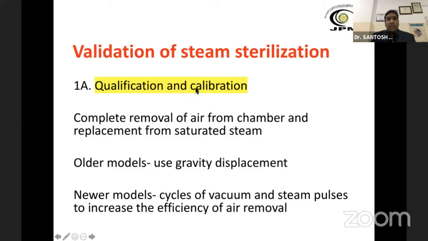Coming to the validation of steam sterilization, the qualification and calibration are most important. Complete removal of air from the chamber and replacement with saturated steam is the key principle on which this works. The older models use a gravity displacement system, and the newer models use cycles of vacuum and steam pulses to increase the efficiency of air removal.